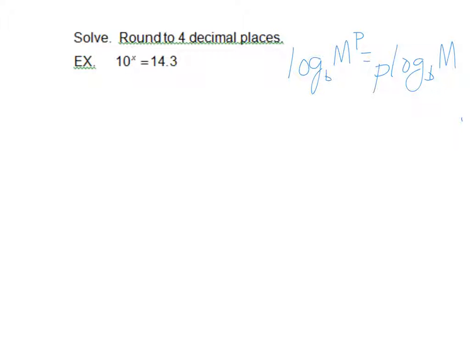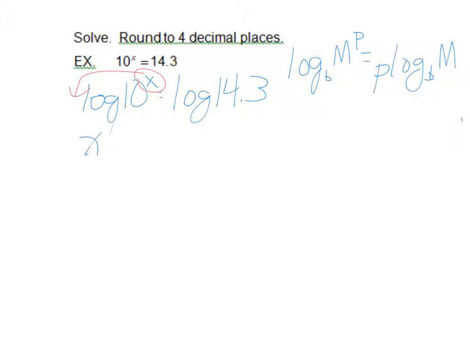But if I put log on one side, I have to also put log on the other. So I have log of 10 to the x equals log of 14.3. Now that 10 to the x has log in front of it, the x can move out front. x log 10 equals log 14.3.